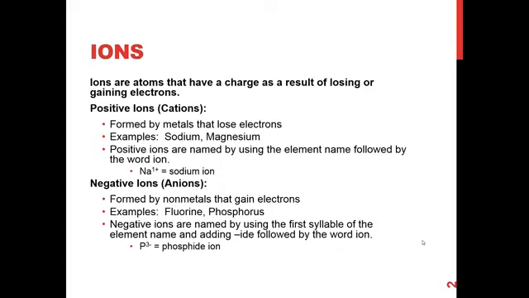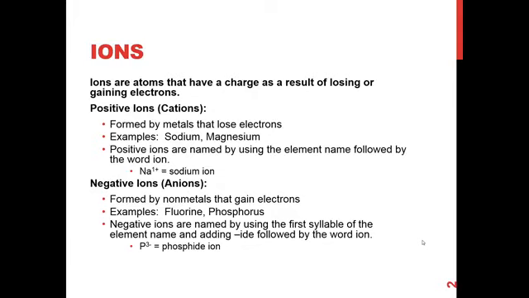Negative ions, or anions, are formed by nonmetals, substances located to the right of the stair-step line on the periodic table, gaining electrons. Some examples of nonmetals that gain electrons are fluorine and phosphorus. Negative ions are named by using the first syllable of the element name and adding IDE followed by the word ion.